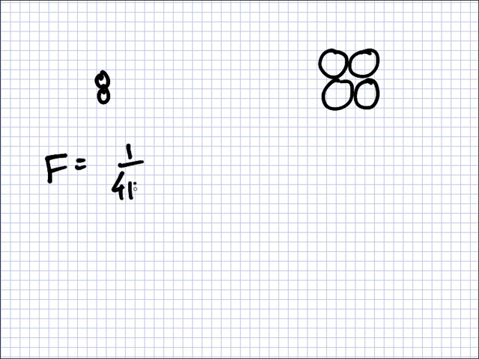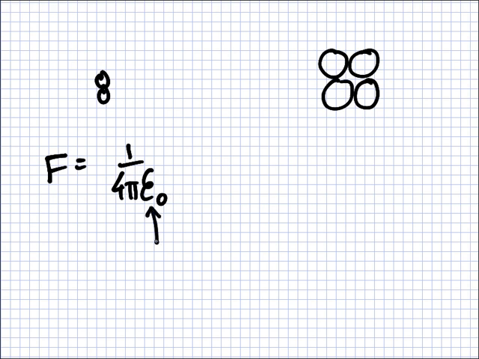2 electrons are a distance of 0.09 nanometers from 4 protons. Find the force. Okay. So you have 2 electrons and you have 4 protons. And so the force would be 1 over 4 pi epsilon 0. You know this.